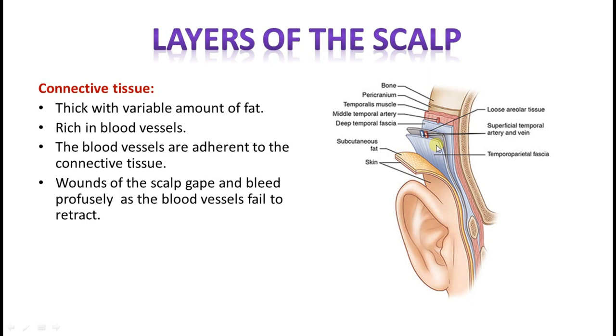Gaping is creating a wide cut. They gape because of this nature of the connective tissue to which the blood vessels are adhered. They bleed profusely because the walls of the blood vessel cannot retract and close after some time. So the bleeding has to be arrested. That is one of the reasons they bleed profusely.